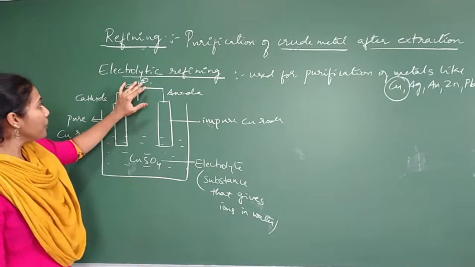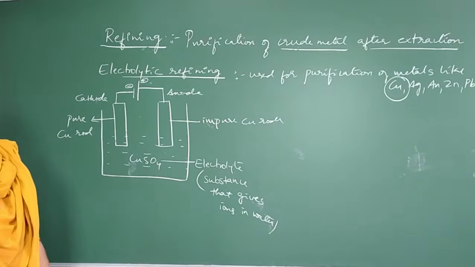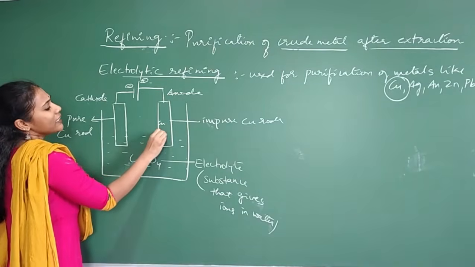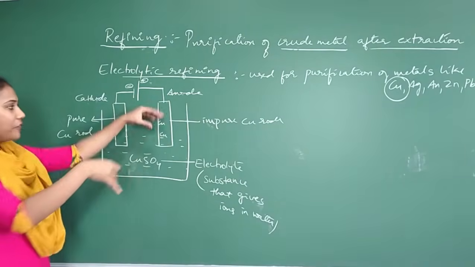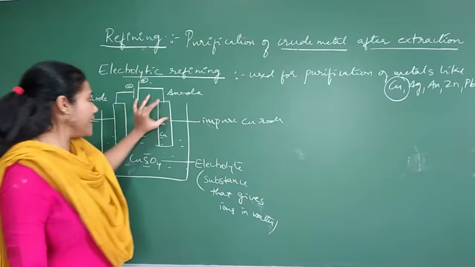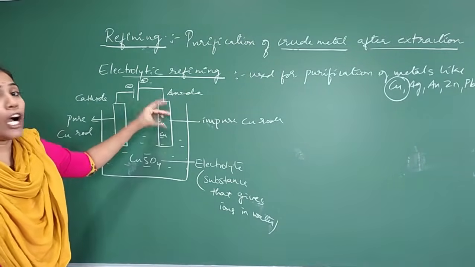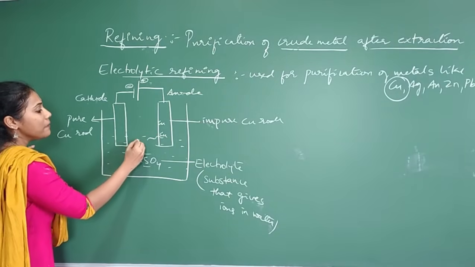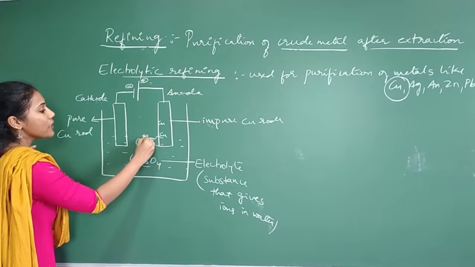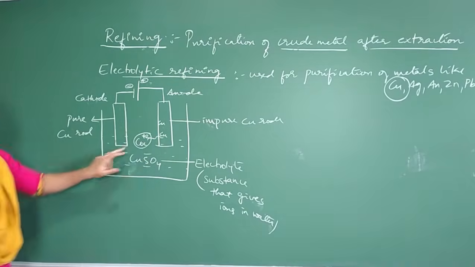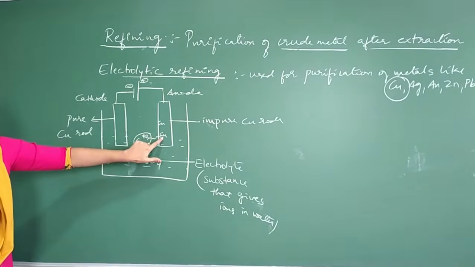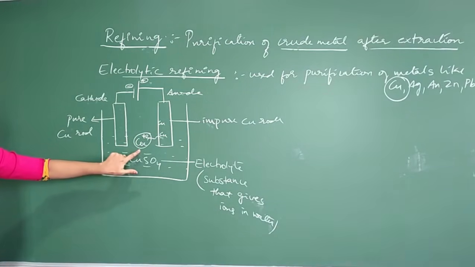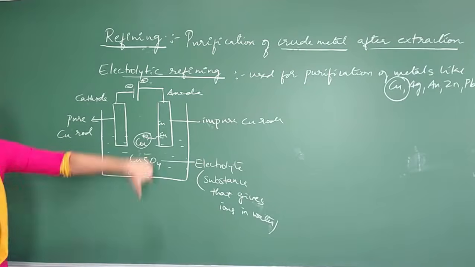And the moment I pass electricity, what will happen? All the pure copper atoms present in this rod, there is definitely some pure copper, no? Impurities are there. But whatever copper atoms are there, all these copper atoms will come out into the electrolytic solution as Cu plus 2 ions.